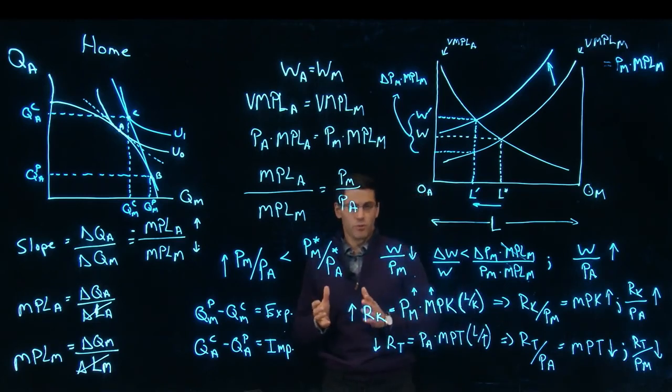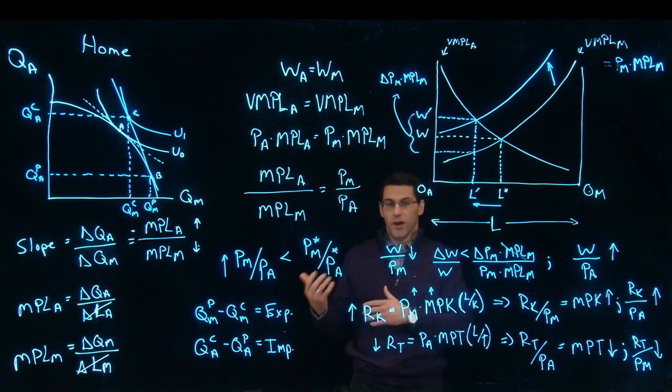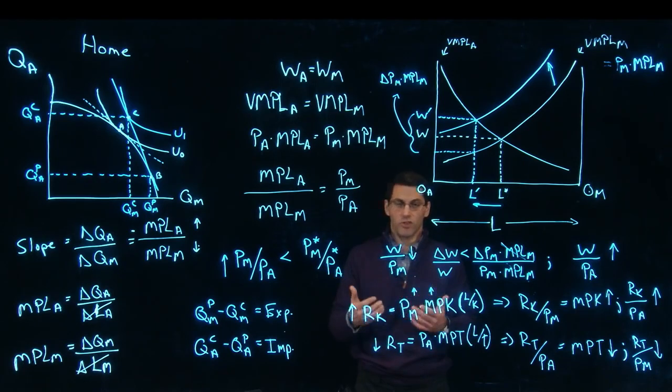And this is really important because we can get some insights into who's likely to support free trade and who's likely to be against it by thinking about what industries are prevalent or stronger in certain metro areas, certain states, certain cities. And we can also think about who owns factors of production.